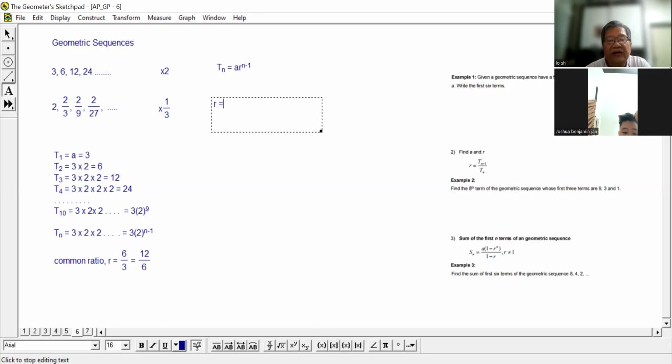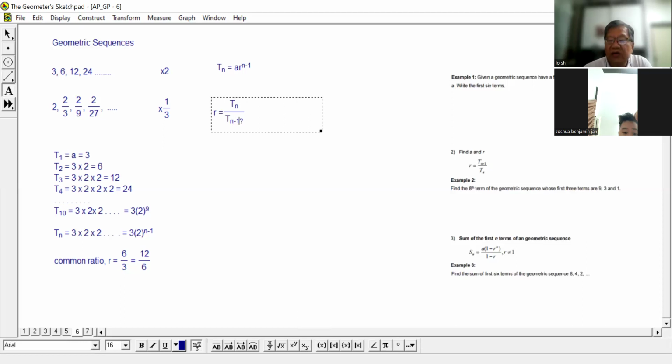The r is T2 divided by T1. In general, it is Tn divided by Tn minus 1.